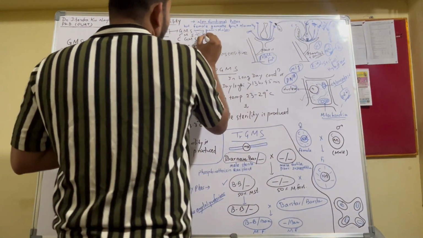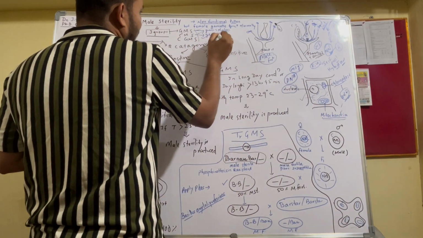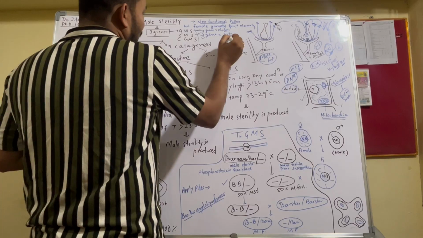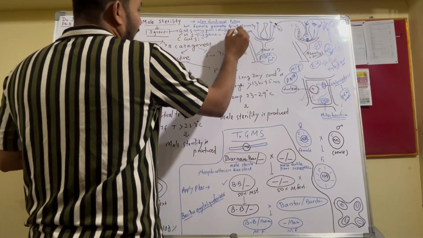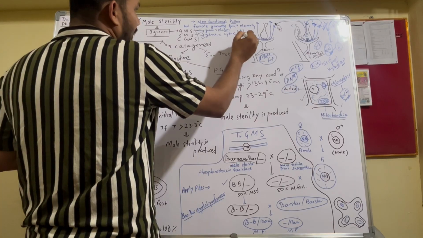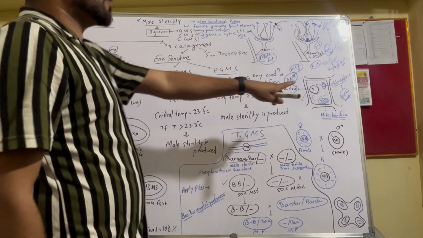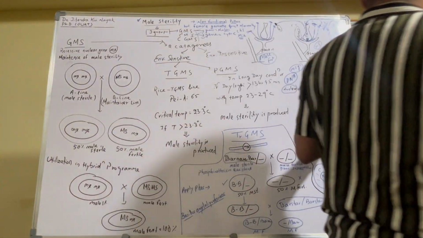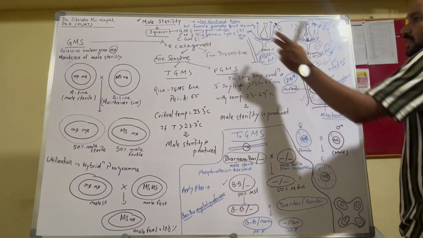So if the gene is present in the cytoplasm, either in chloroplast or mitochondria, this type of male sterility is called cytoplasmic male sterility.